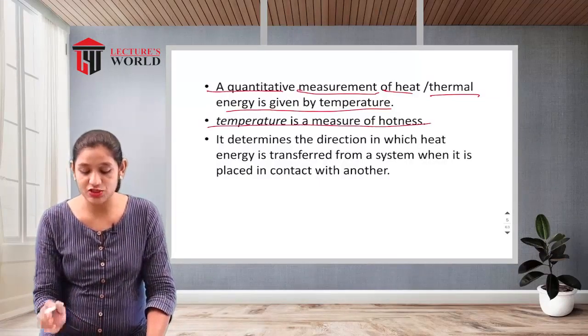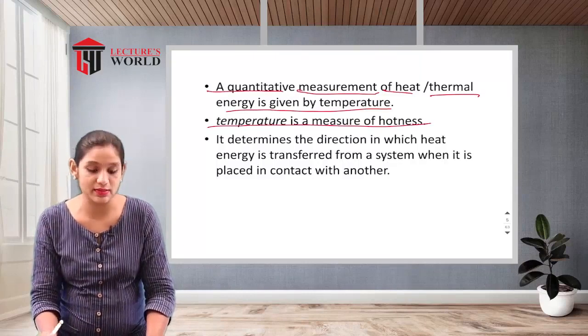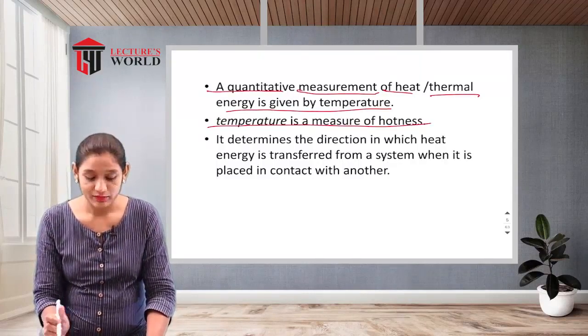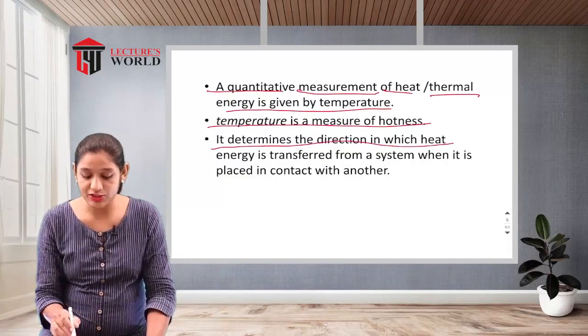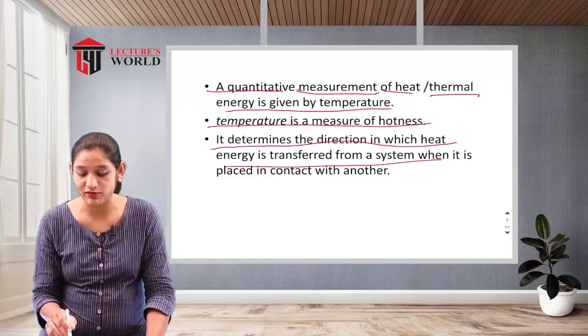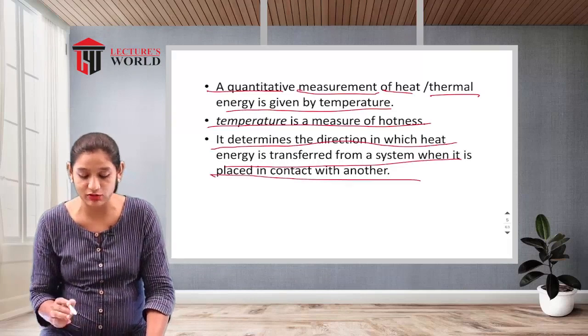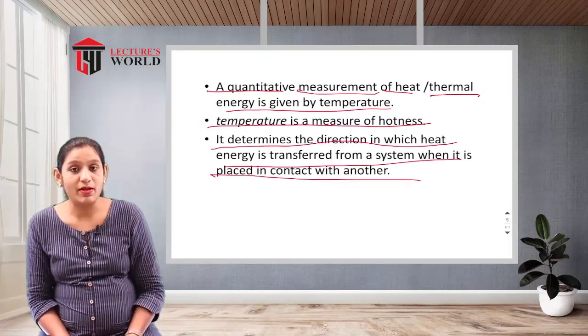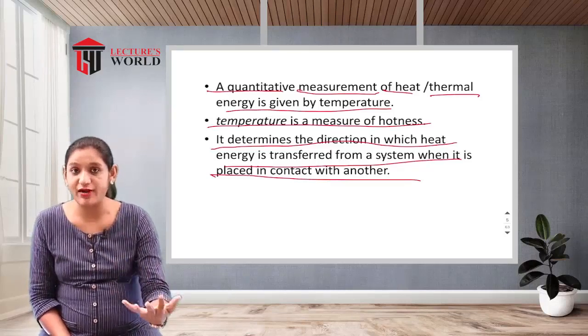Temperature is the measure of hotness, which determines the direction in which heat energy is transferred from a system when it is placed in contact with another. Determines means identifies.